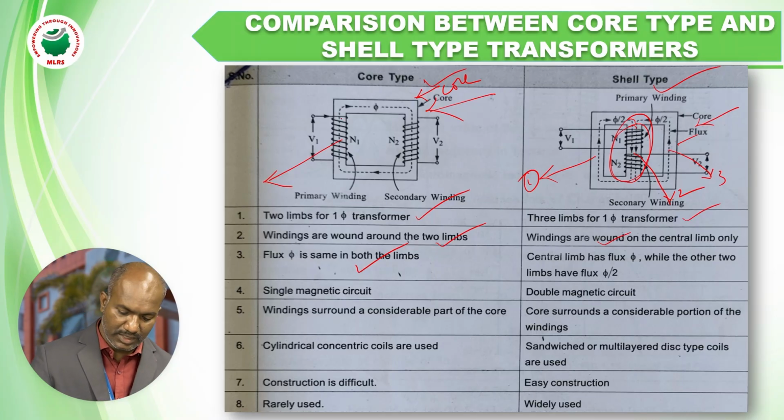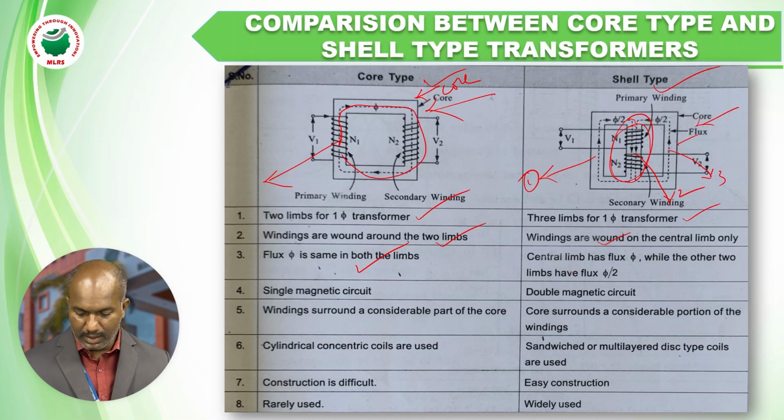Here this core is carrying the same amount of flux. In a shell type transformer, the central limb has flux phi. Okay, this is the central limb. It carries flux phi, while the other two limbs have only flux phi by 2.